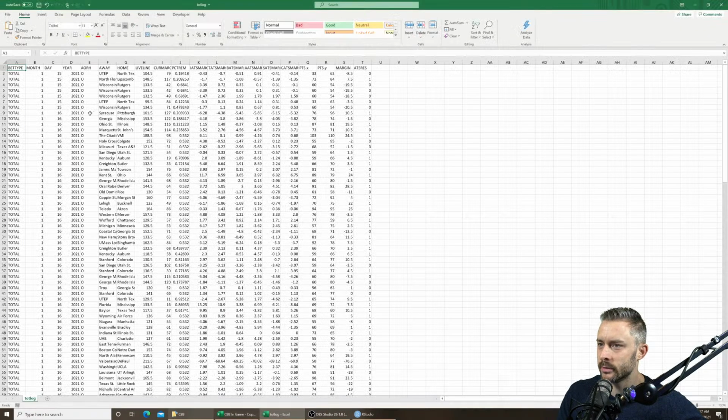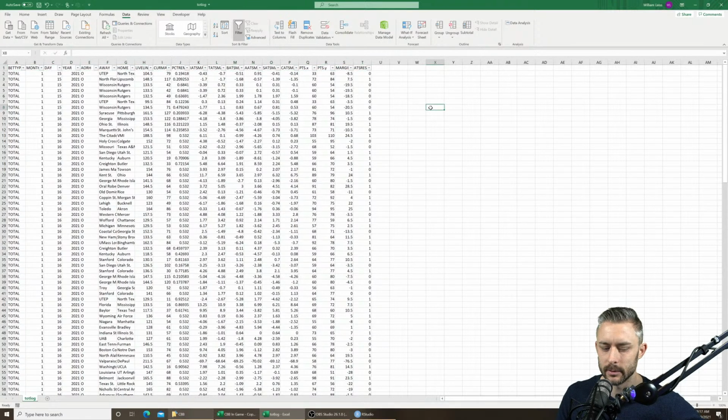So my strongest metric: I learned last night when I was doing the random forest stuff that the training data set for the Blender was wrong. I was training it off neutral site games only, and that's why it was the worst. I fixed that, so hopefully the Blender starts doing better on totals. But the strongest metric on totals so far has been the ATM. So let's look at that one first.